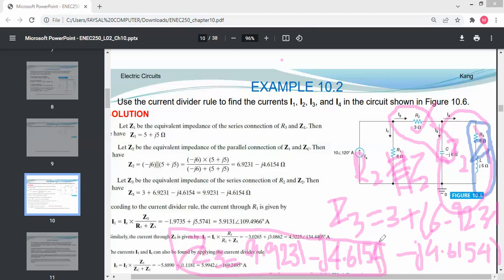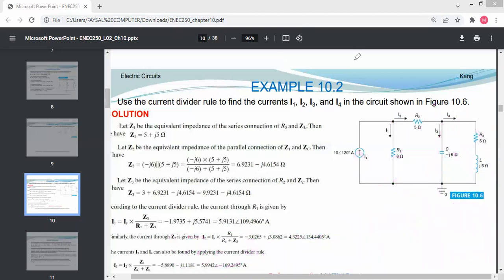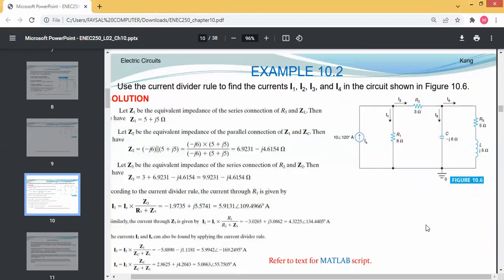Okay, now it is the time to find the value of V1, V2, and V3 for my circuit, and also to find the value of I1, I2, I3, and I4. Let's move to find the value of I1, I2, and I3. I have to just change the color.